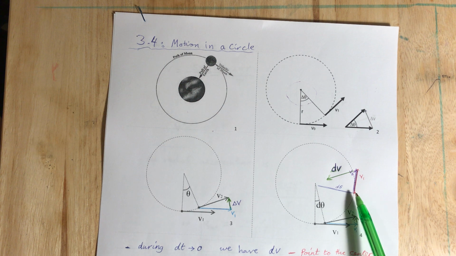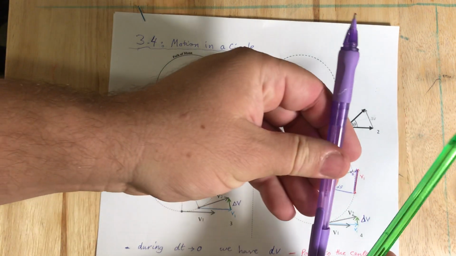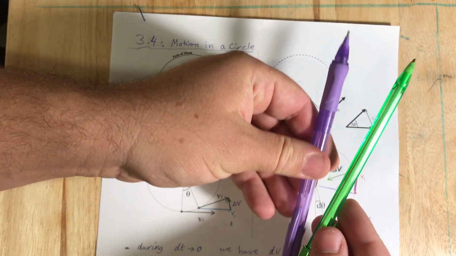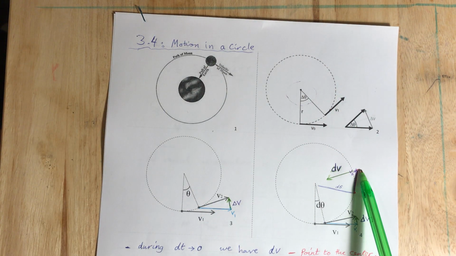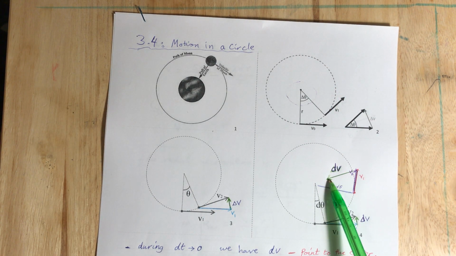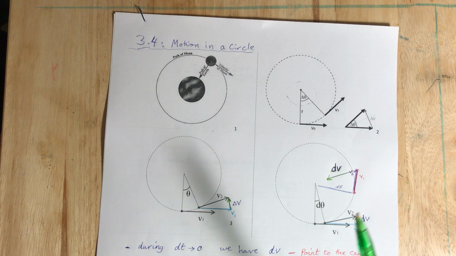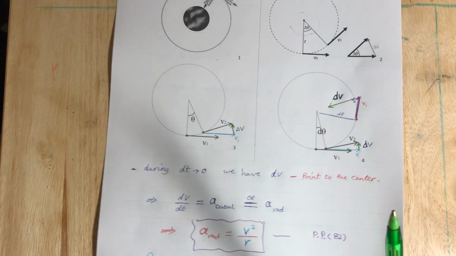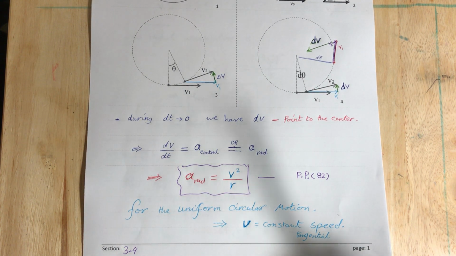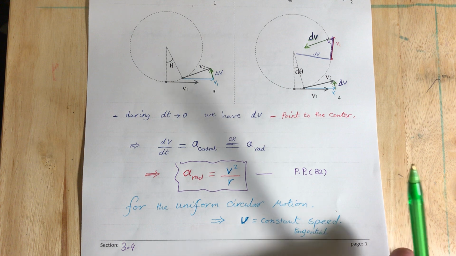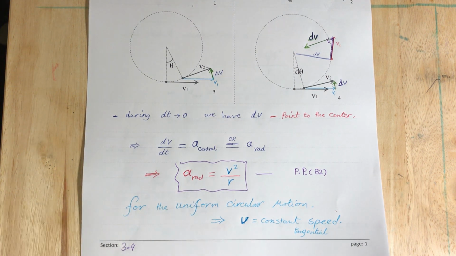Look here, we have v1 in red and v2 in purple, and when they come to almost the same point, the direction of the change in velocity points to the center of rotation. This is just to understand why the next concepts appear as they do.